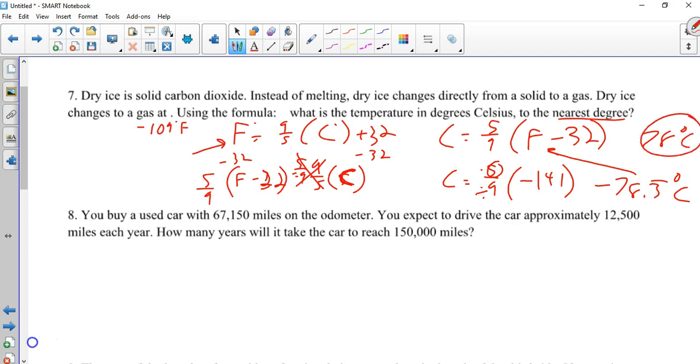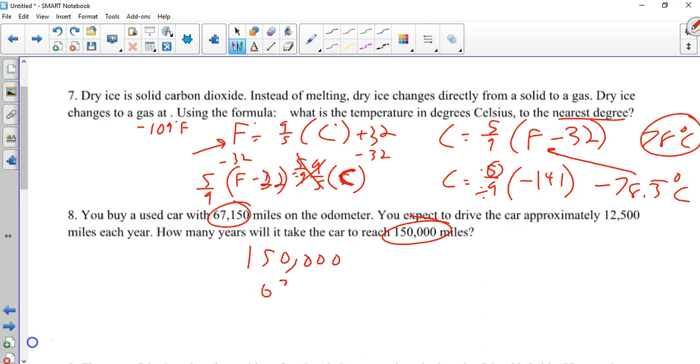Okay, number 8. You buy a used car with 67,150 on the odometer. You expect to drive the car 12,500 each year. How many years will it take to reach 150,000 miles? Well, first off, we have to find out how many miles are between here and here. So your goal is 150,000.